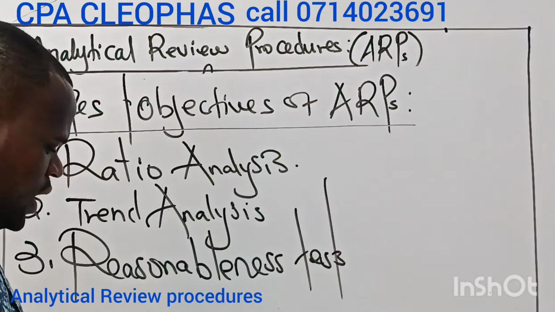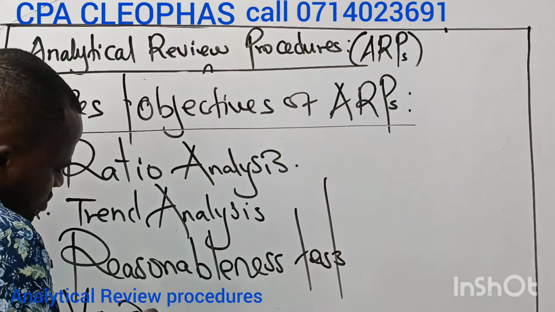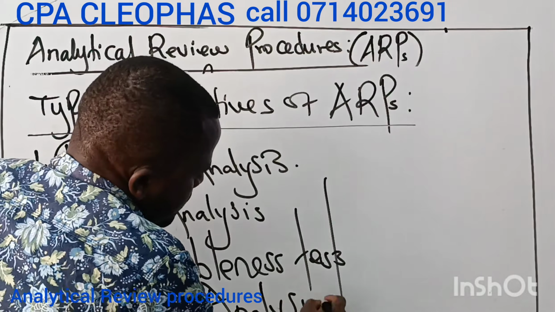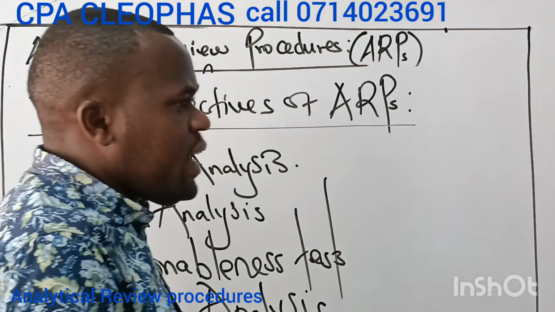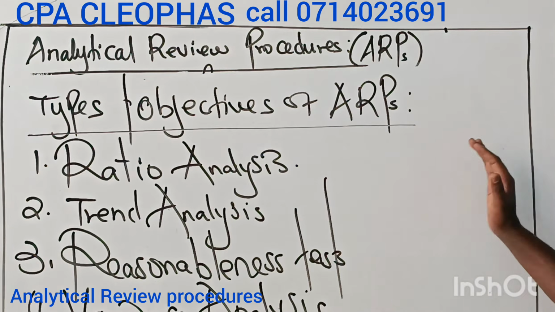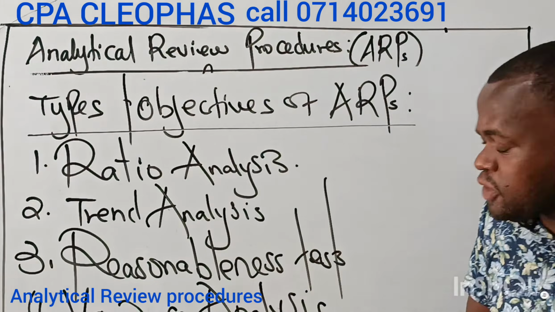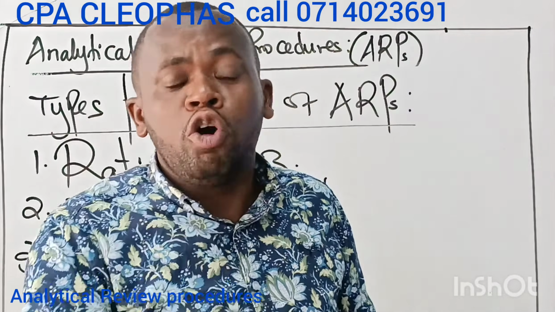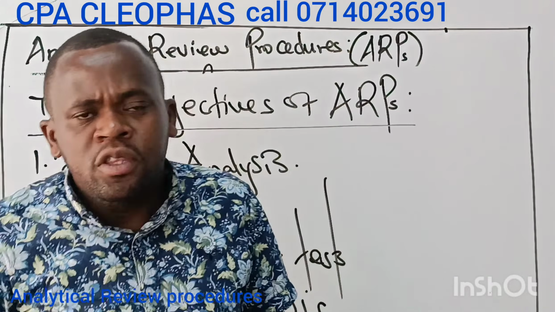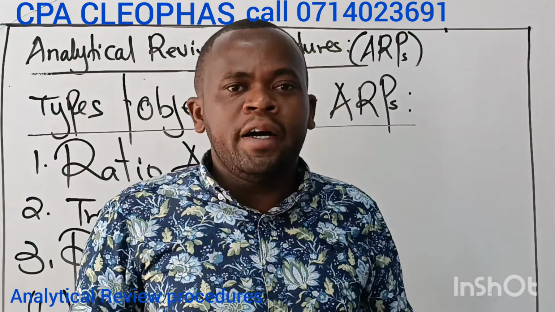Then the last one is variance analysis. Variance analysis is the last type of ARP, the analytical review process. So what is a variance? A variance is the difference between the budgeted or standard and the actuals. This is what you plan, related to production.